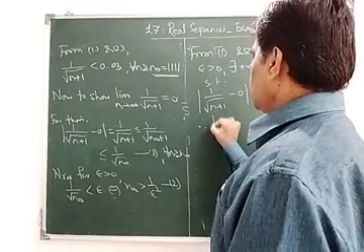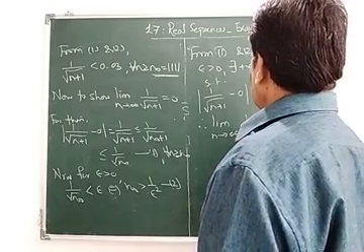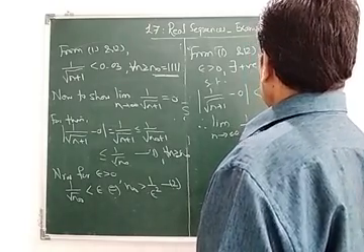And therefore by definition, limit n tends to infinity of 1 upon square root n plus 1 is equal to 0.